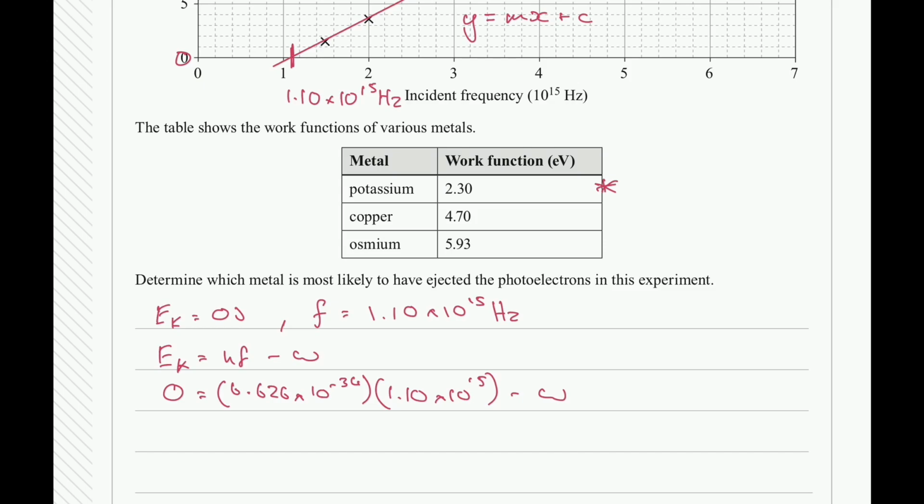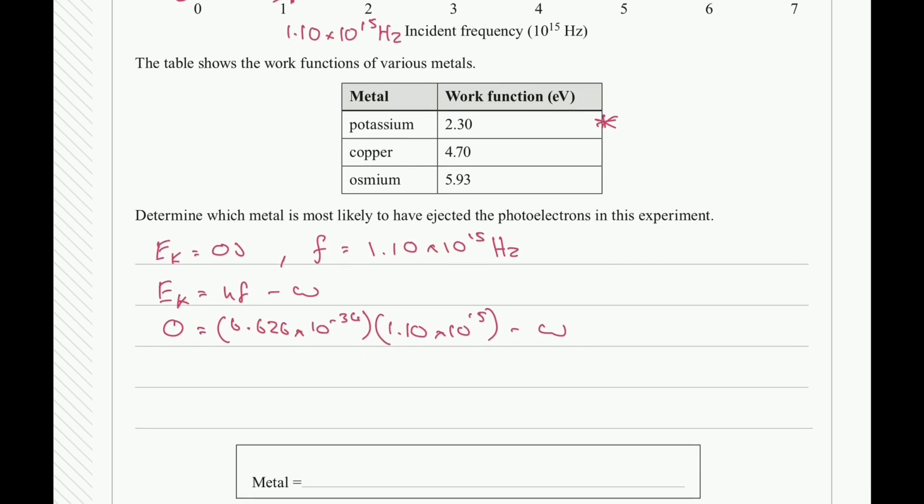We can solve this by changing W over to the other side, simple algebra, and we end up getting a work function of 7.29 times 10 to the negative 19 joules. Remember, Planck's constant has joules as one of its units, so our answer should be in joules.